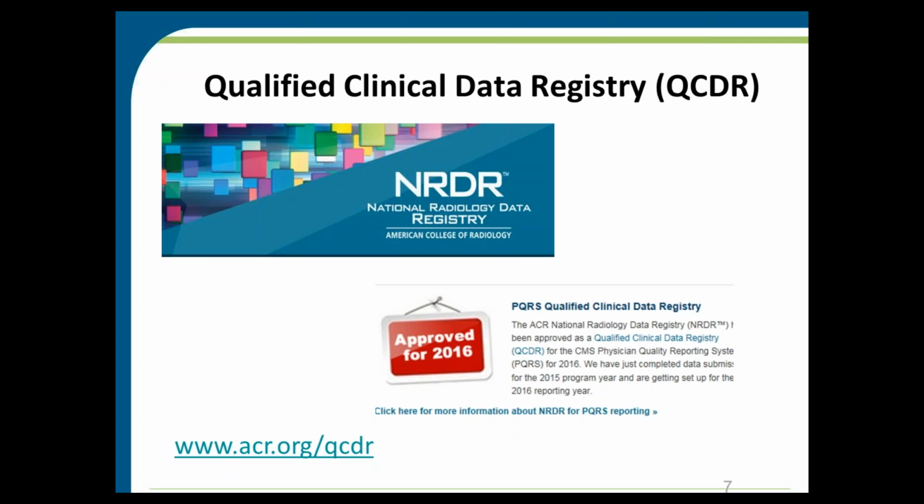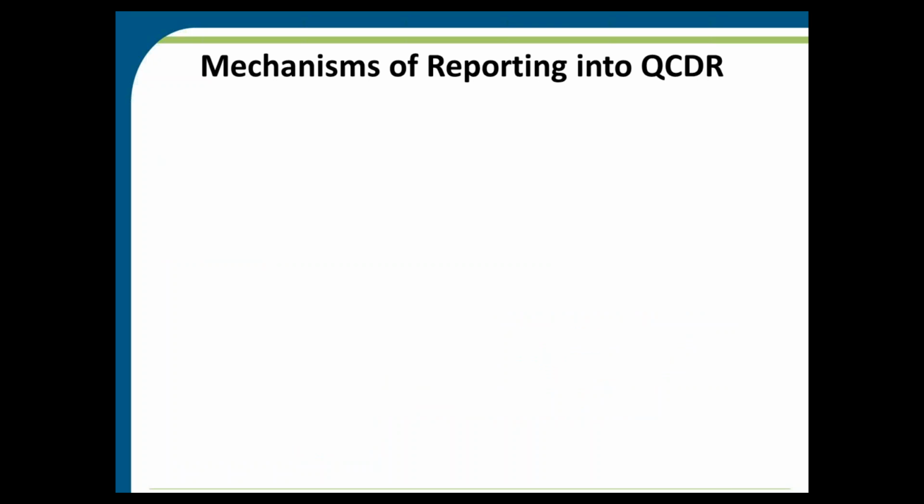Because the majority of you have never used the QCDR before for 2015, we also have highlighted on this slide our resource page, acr.org/QCDR. It gives you a wealth of information about starting your reporting and also getting your physicians engaged throughout the process.